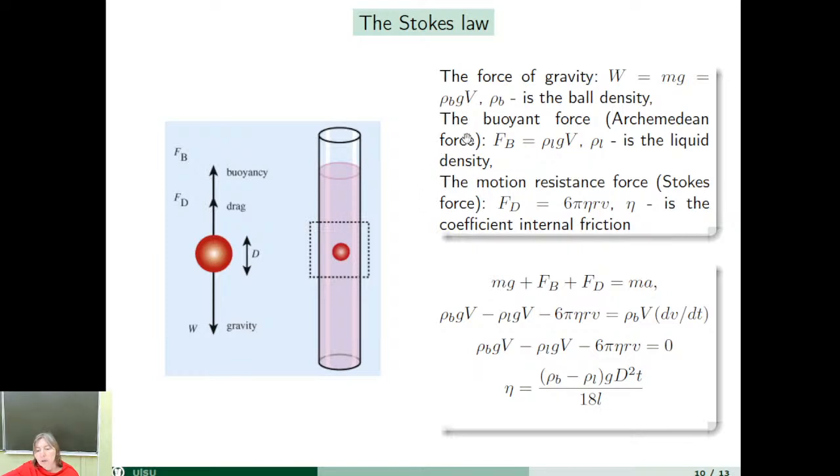And the second force, the buoyant force, the Archimedean force, is equal to rho liquid g V, where rho liquid is the liquid density. And the third force is the Stokes force, and it is equal to 6 pi eta r v, where eta is the dynamic viscosity, the coefficient of internal friction.